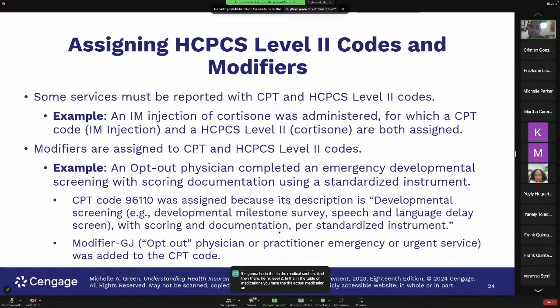So the medication is not a procedure. The procedure is to inject the medication. So you get CPT for the injection, and then a HCPCS level 2 to know what medication is the one that we gave, and then how many units, and then that's where the price comes from.